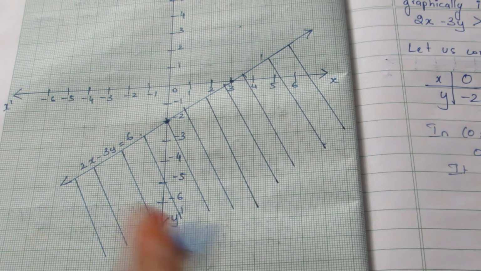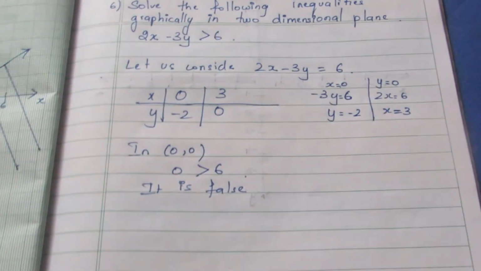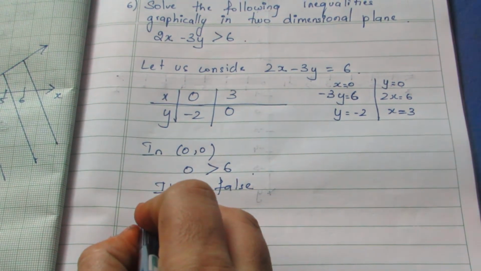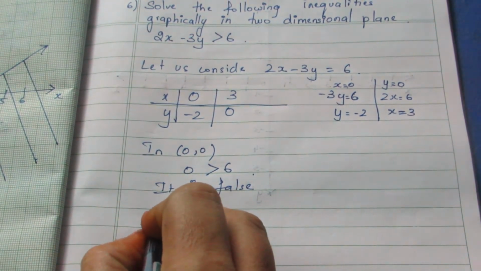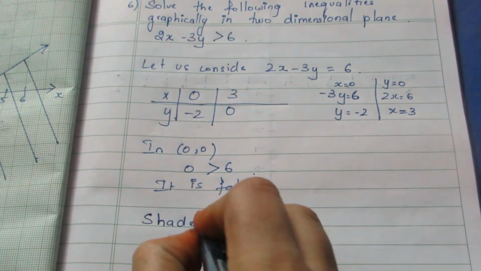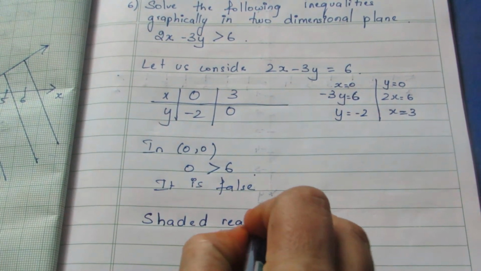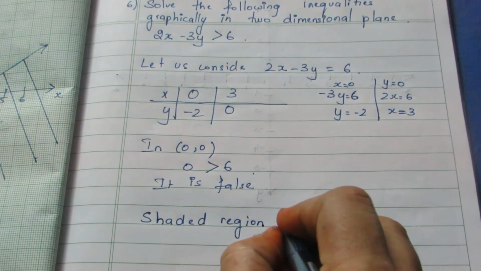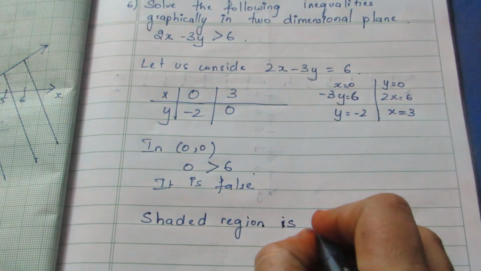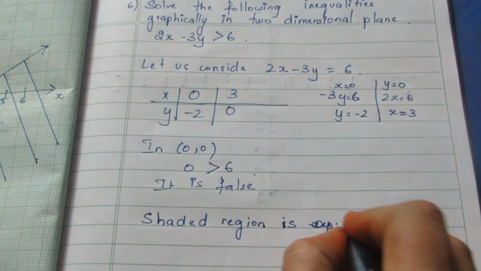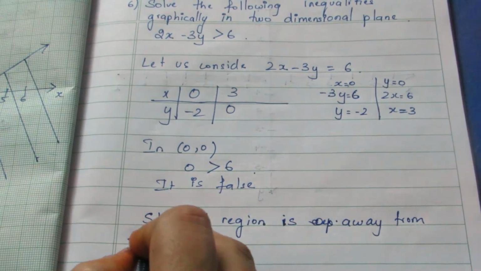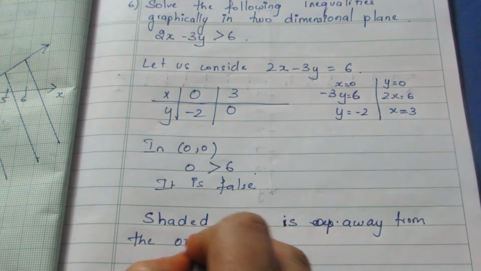Now we need to write that the shaded region is away from the origin.